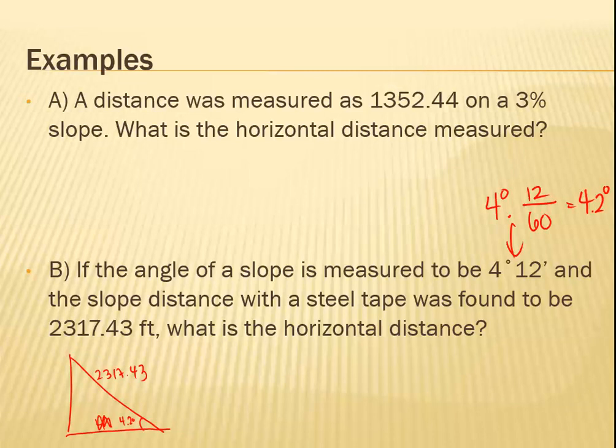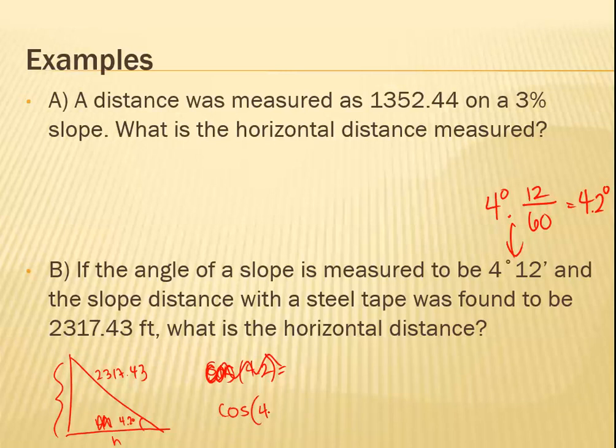There are several different ways I can do it, but really the easiest way is, well, I thought I had it in my notes. Apparently I don't. Oh yes, I do. So if I want to find the horizontal distance h, I have this angle, so I can use sine of 4.2 is equal to, actually I don't want sine, let's do cosine, because this is adjacent. Sine would give me this one, and then it would still be one step away.